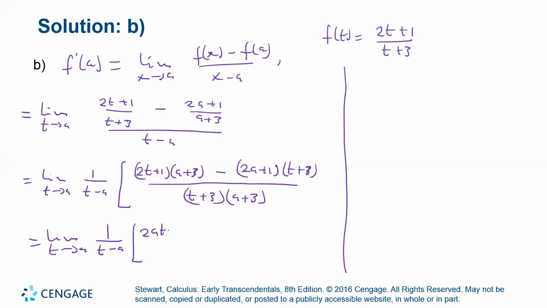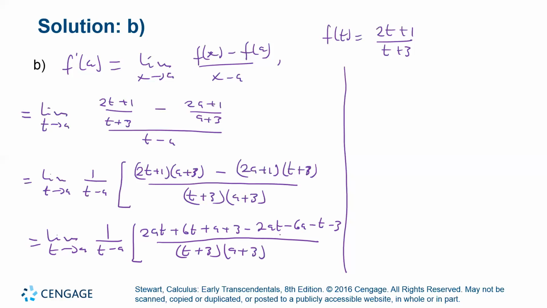If you multiply this out, you're going to have 2at, you FOIL that, plus 6t, then plus a, plus 3, and then on this side you have minus 2at, and then minus 6a, and minus t minus 3. Then divided by (t plus 3) times (a plus 3).